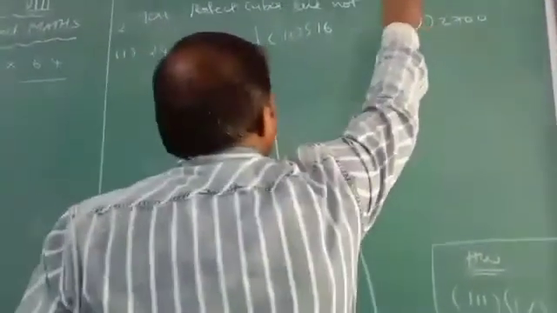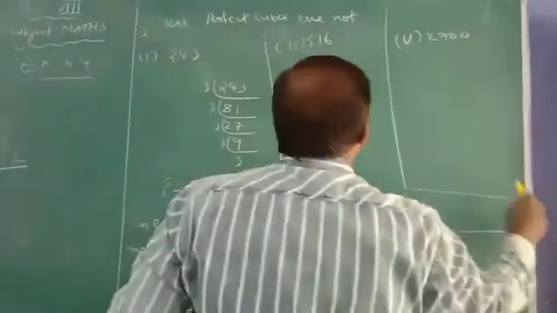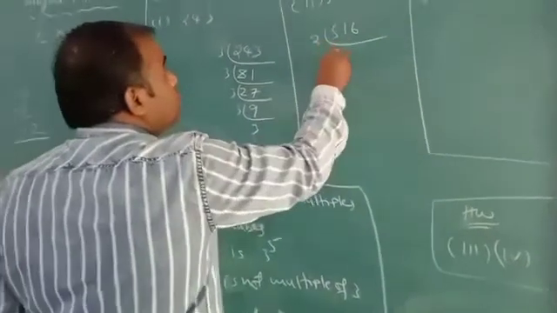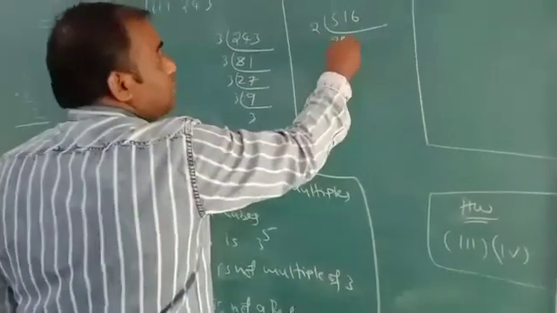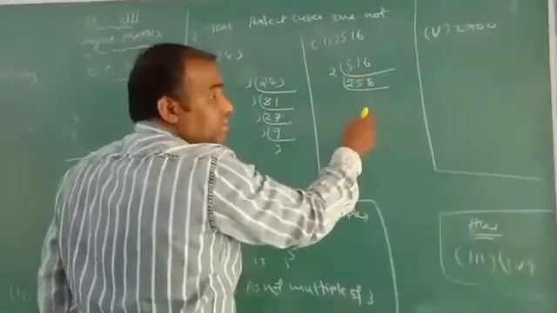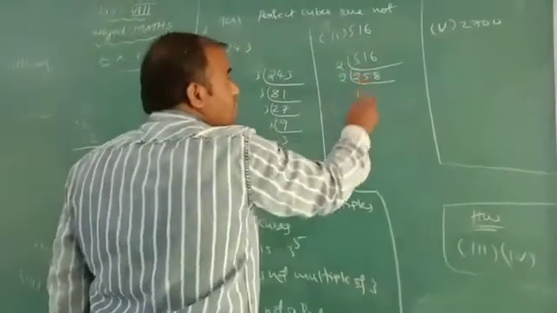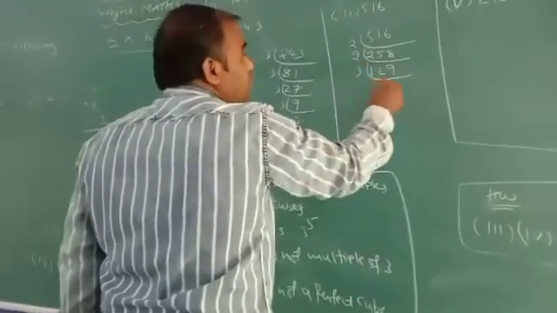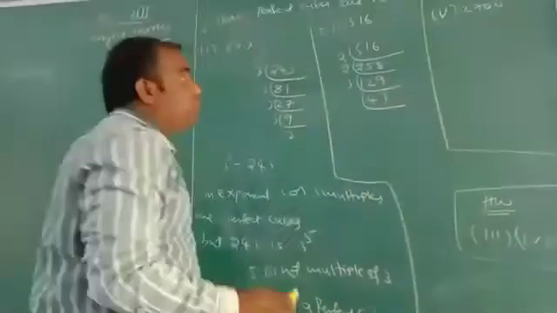516, you check beta. We check here the 6, no beta. Take the 2 table. 2 times 2 is 4, 1 remainder. 2 times 5 is 10, 1 remainder. Again the ones place is an even number, take the 2 table. 2 times 2 is 4. Again take the 3 table, 3 times 4, 3 times 3. Therefore, it is 43.